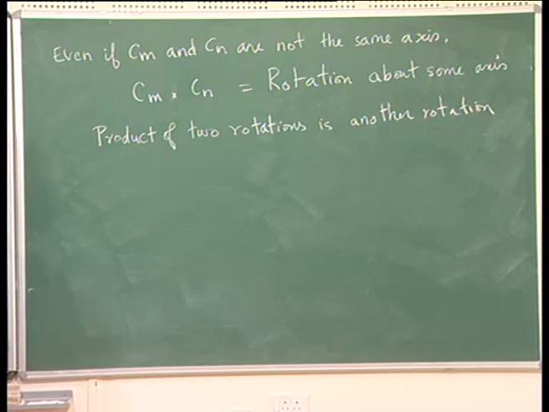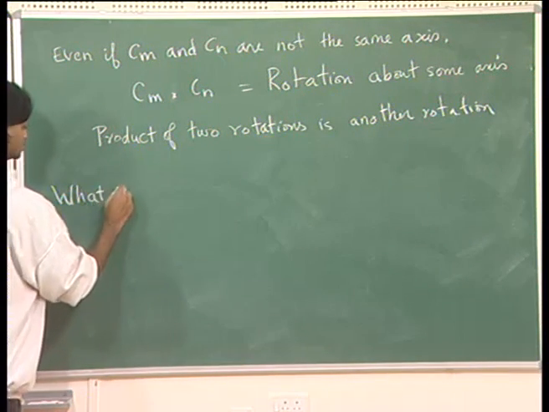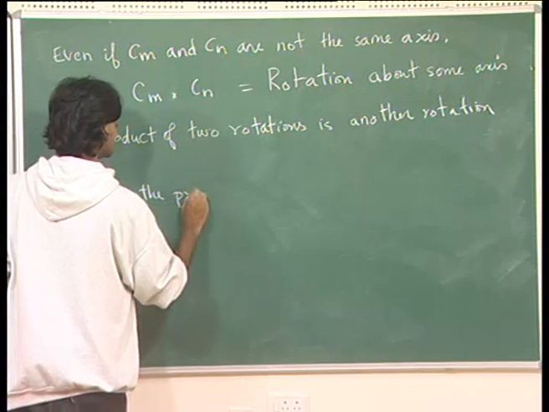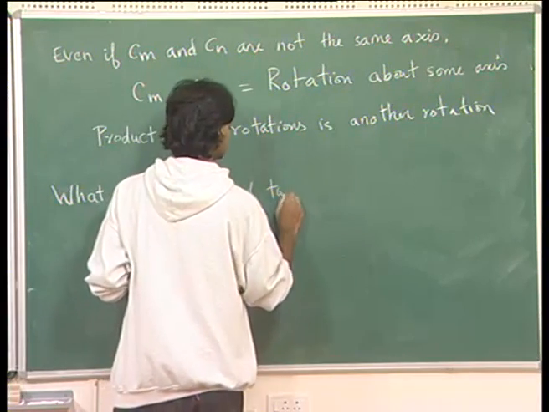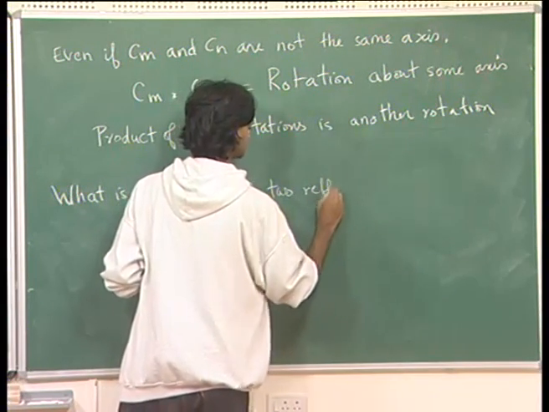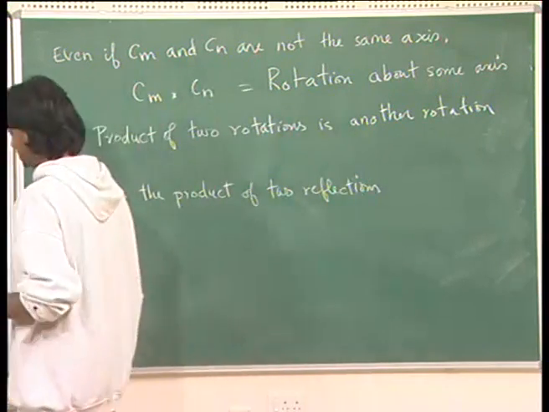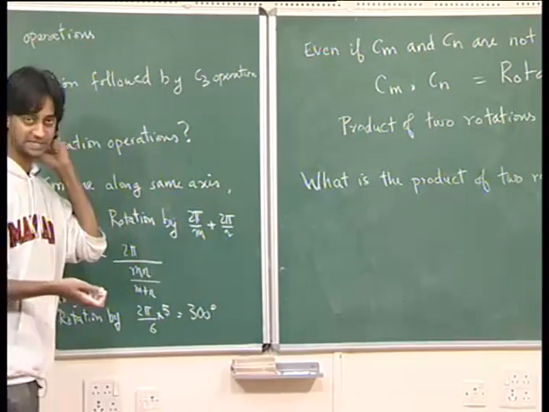What about the product of two reflections? Now if they are the same plane, then obviously the product of reflections is identity.